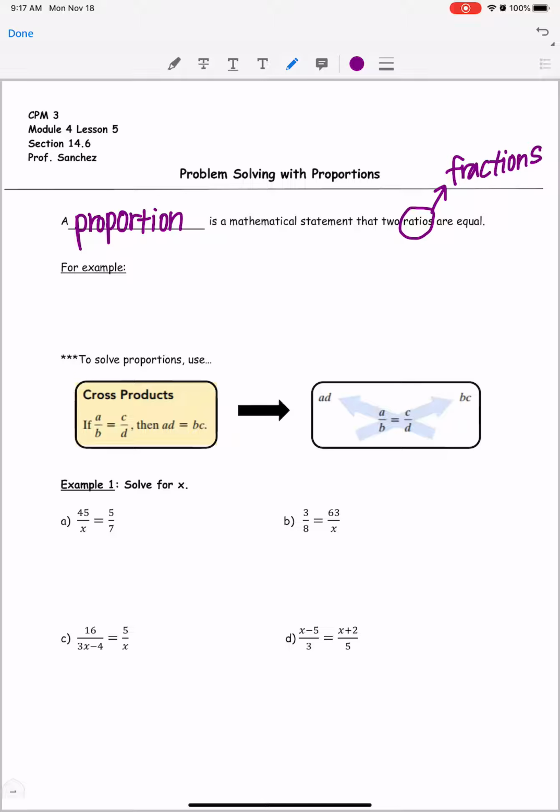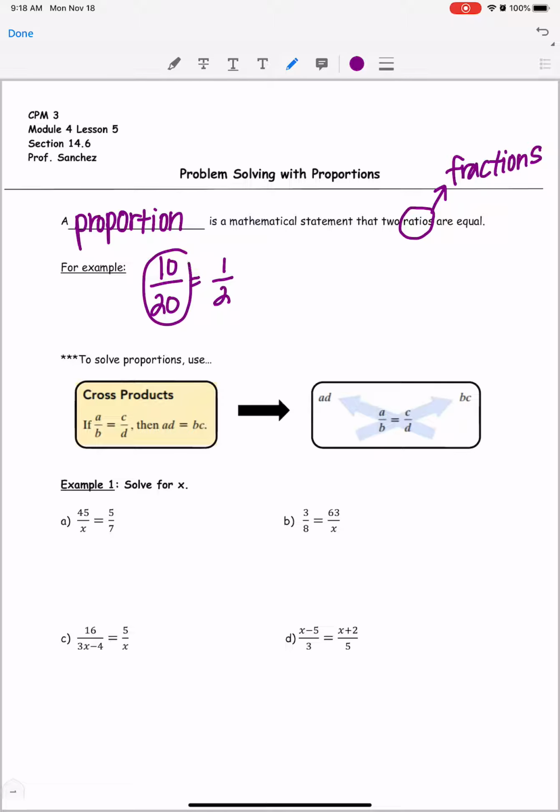So for example, if you have something like 10 over 20, hopefully by now you are so ingrained that once you see a fraction here, you reduce it. And so you would reduce this by 10, and so this would become 1/2, right? You would divide 10 by 10, 20 by 10 to get 1/2. This right here is a proportion.